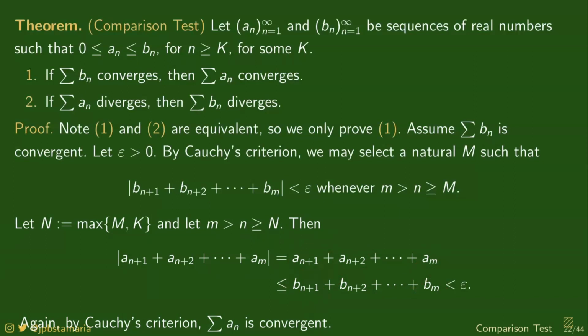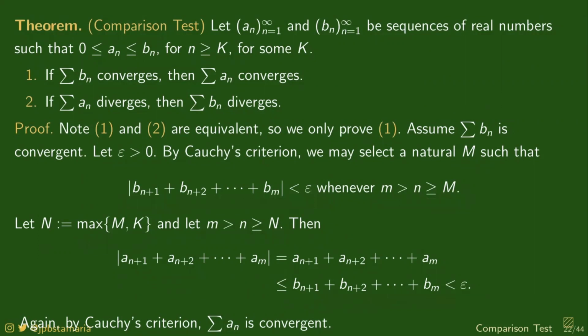Ano ba sabi dito sa taas? Whenever this is true, this is less than epsilon. True na rin naman ito kasi nga, ito ay true. At ang N yung mas malaki doon sa dalawa. Kaya true ito, therefore true ito, kaya ito ay less than epsilon.